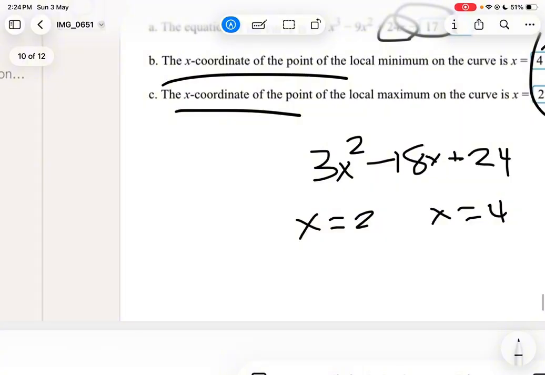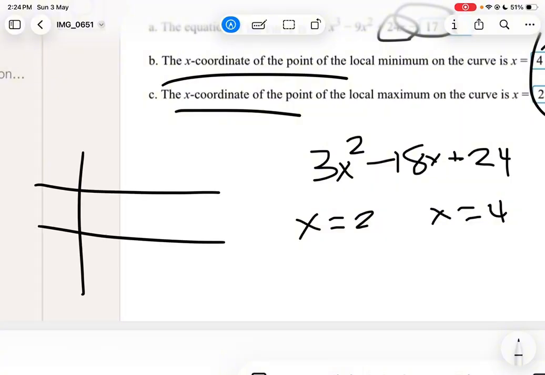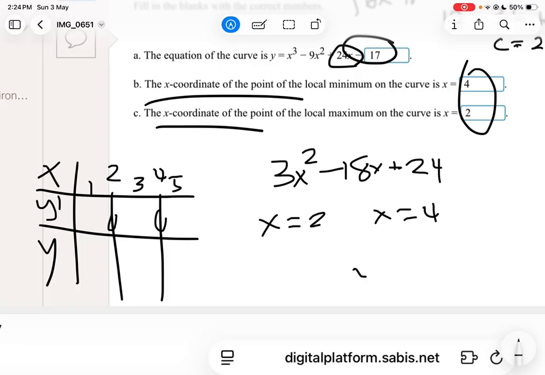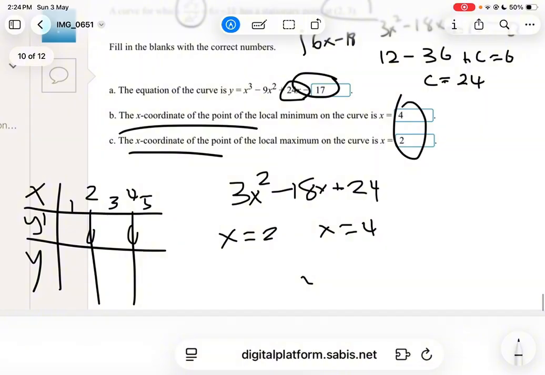So you make a table with x, y prime, and y. You have 2 and 4 where y prime is 0. Now if you replace 1 in y prime, it becomes a positive answer.